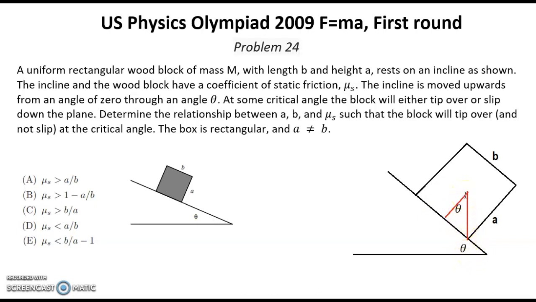And the tangent of this angle theta in the block is exactly equal to b over a. And we know that this tangent equals mu static. So this is our formula. It means that the block will tip over when tangent theta, or mu static, is greater than b over a. That's the answer to the question, which is C.